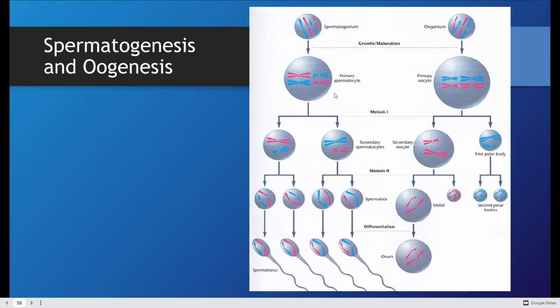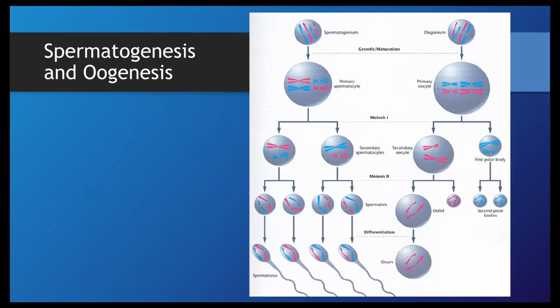In meiosis 1, we are creating 2 daughter cells, and in meiosis 2, we are creating 4 daughter cells or sperms. How about in oogenesis, the formation of egg?